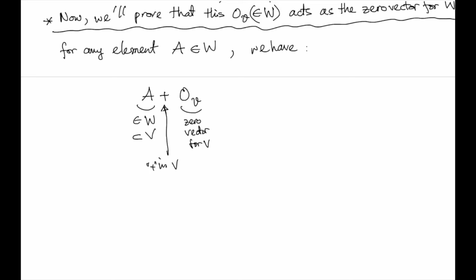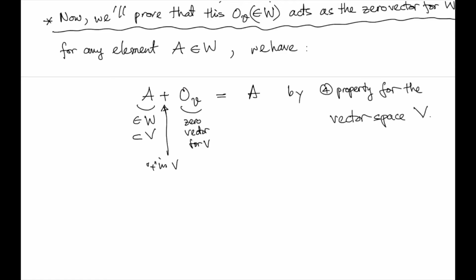The addition in W is actually just inherited from V, so fair to say. Now you add some vector in V with the zero vector of V, of course you have to get A by the fourth property for the vector space V.